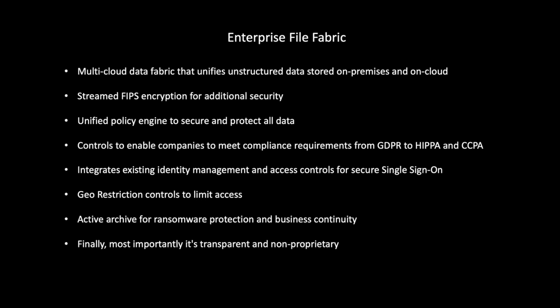It integrates existing identity management and access controls for secure single sign-on. It provides geo-restriction controls to limit access. It provides an active archive for ransomware protection and business continuity. And finally, and most importantly, it's transparent and non-proprietary.